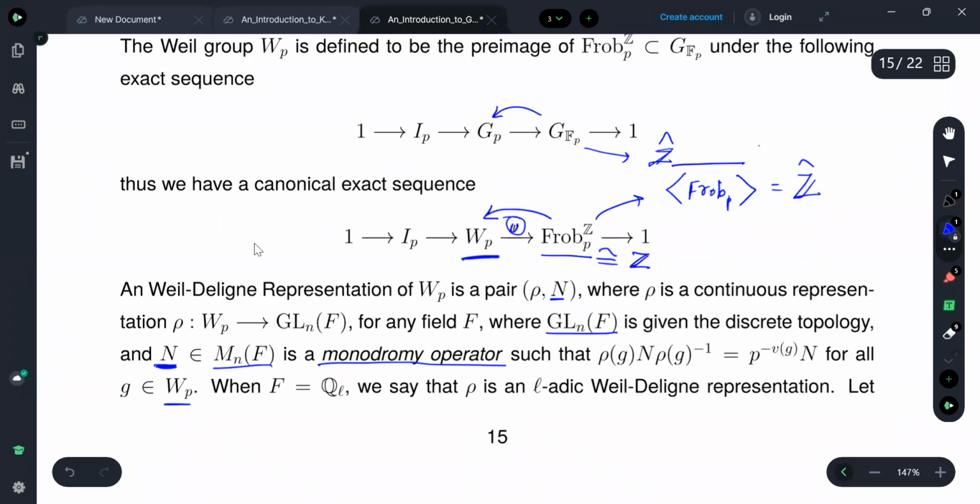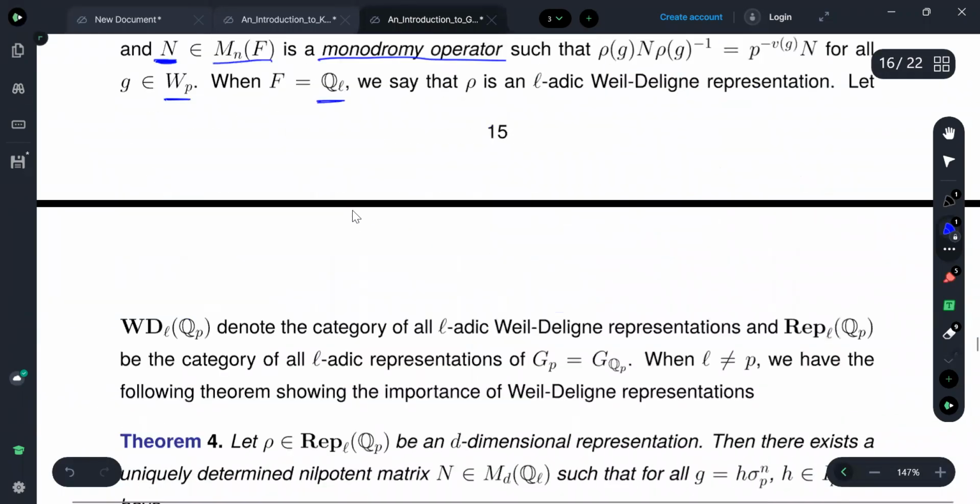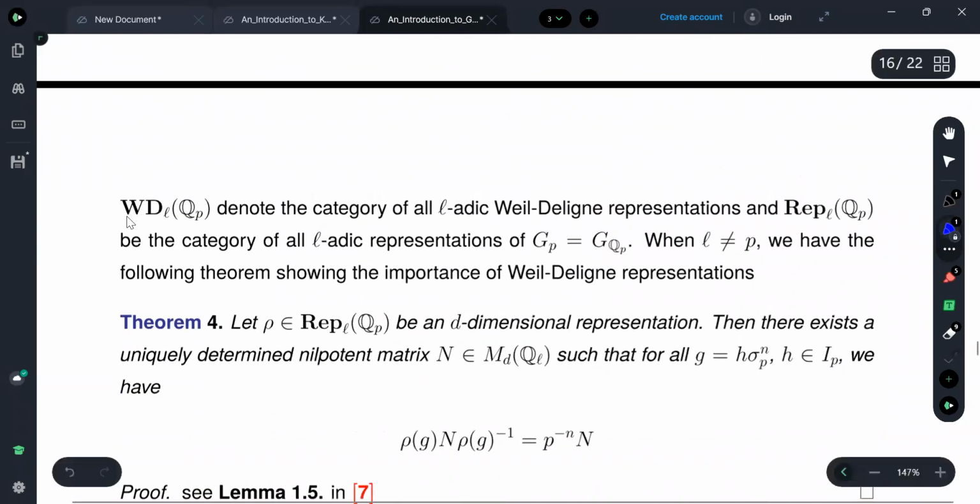So if F is equal to Q_l, the l-adic numbers, then we say that rho is an l-adic Weil-Deligne representation. And so one considers the category of all such Weil-Deligne representations of W_p.